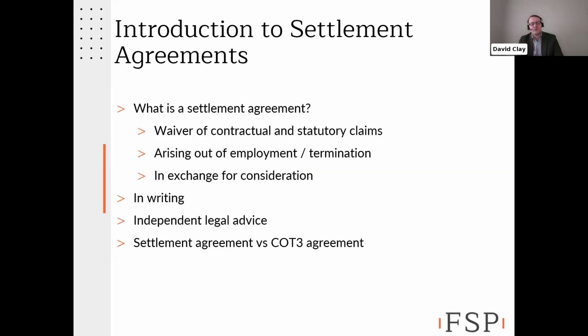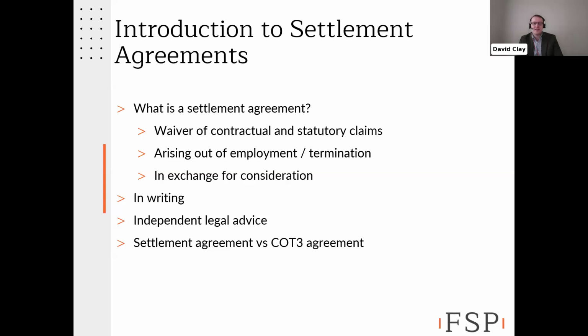When you're securing a waiver of claims, typically that will be against the company, the employer that employs the employee, but also against the wider corporate group that the company is a part of, as well as any directors and employees of the company. So it's a very broad, comprehensive waiver of the employee's claims.